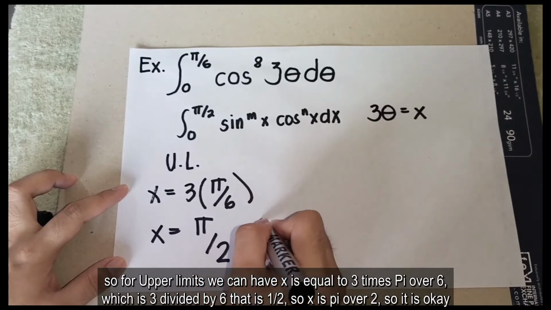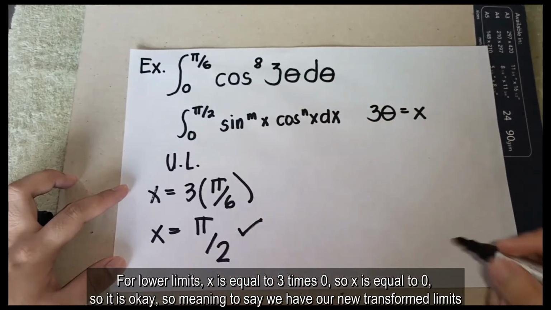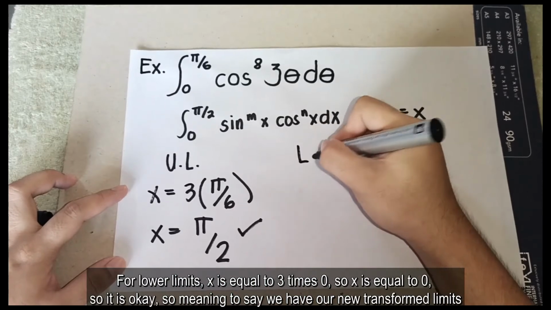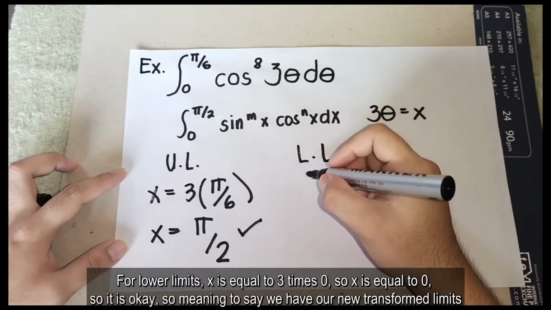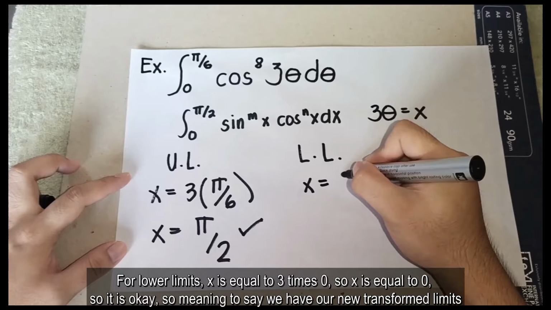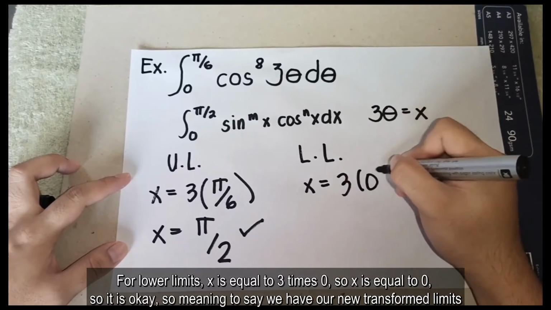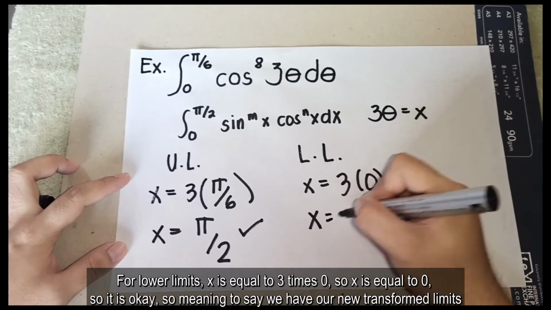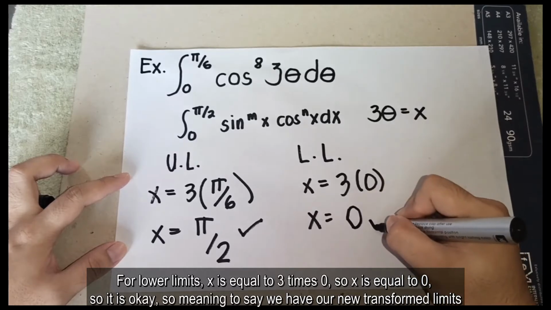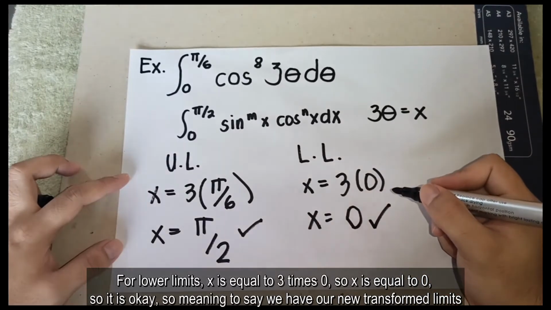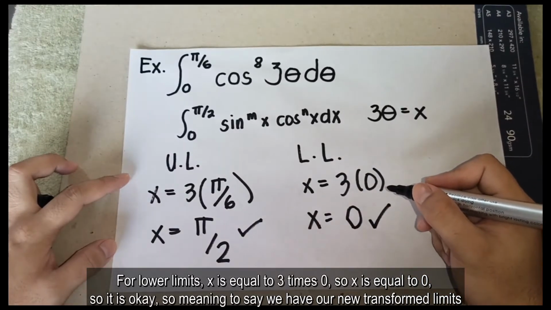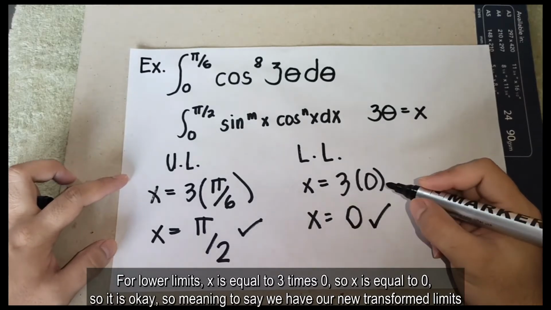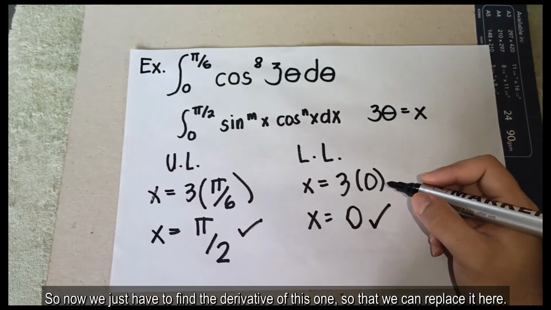So, it is okay. For the lower limit, x is equal to 3 times 0. So, x is equal to 0. So, it is okay. Meaning to say, we have our new transformed limits.